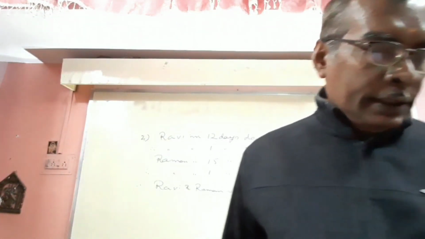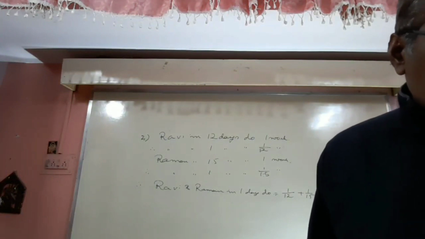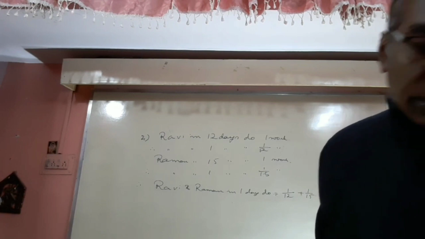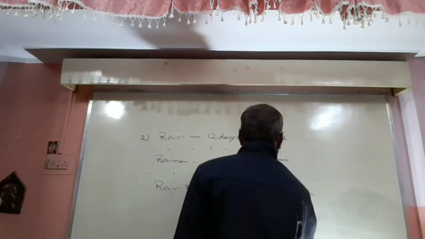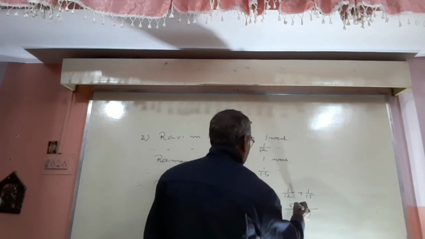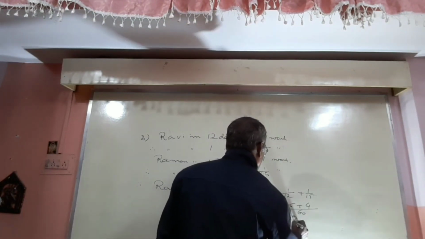The LCM of both of these two is 60. So 12 fives are 60, which gives 9 by 60.